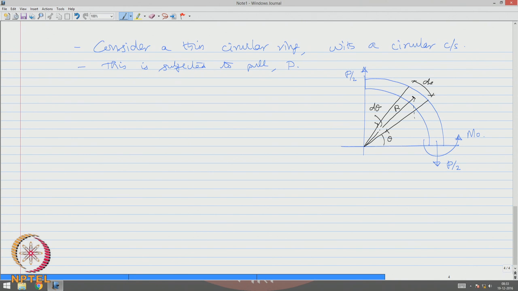We know that this distance will be r cos theta, and we also do agree that this distance is of course r.